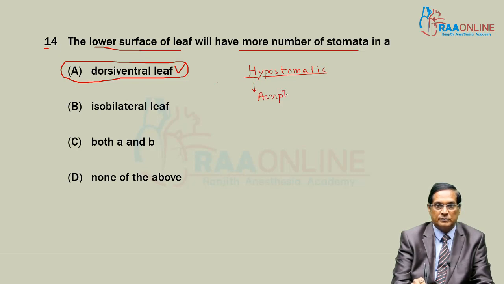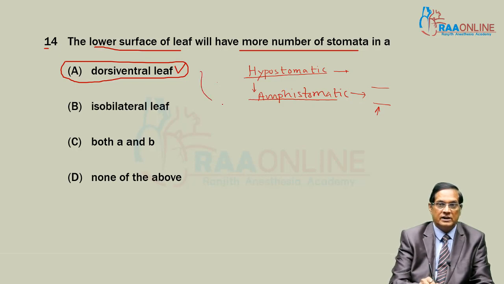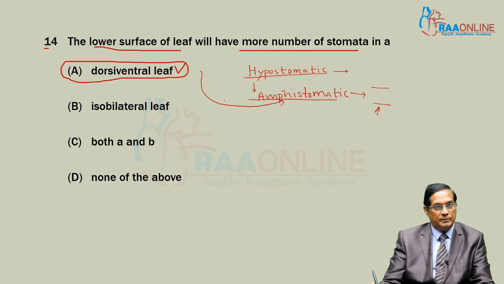There are two possibilities of dicot leaf. In hypostomatic leaf, stomata are present on lower surface only. If amphistomatic, then both the surfaces have stomata. But in case of dorsiventral leaf, more on lower surface than upper one.